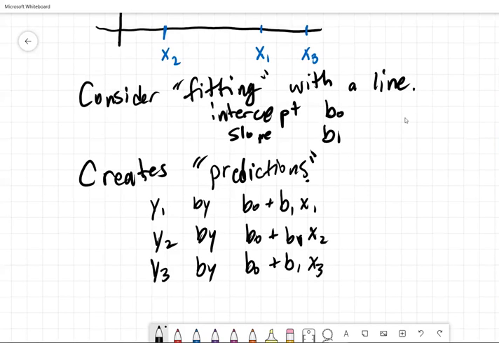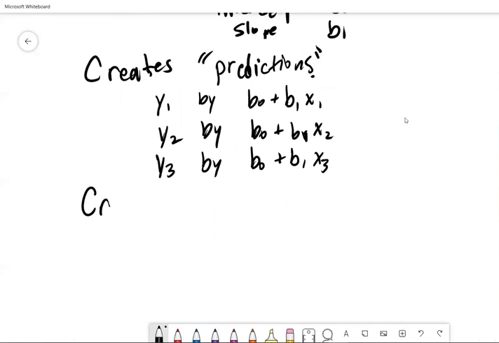And so it creates predictions, and then the predictions create residuals, the mismatches.